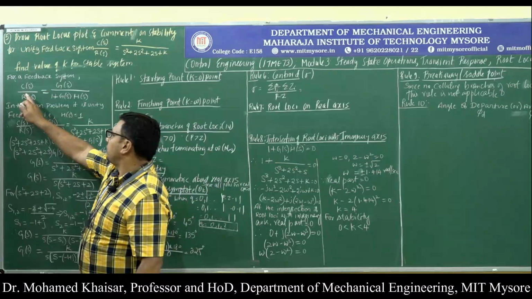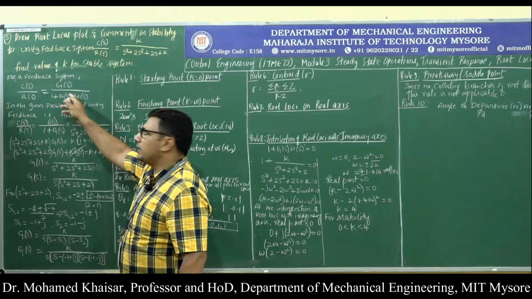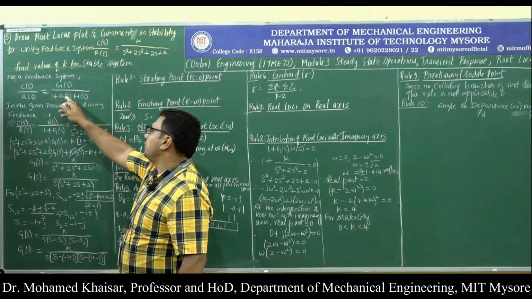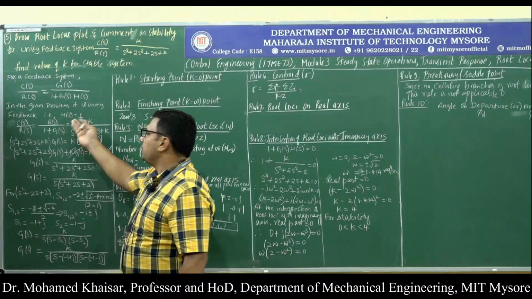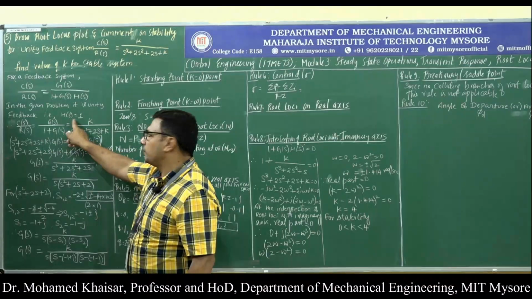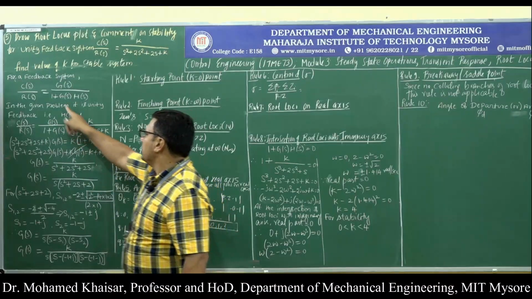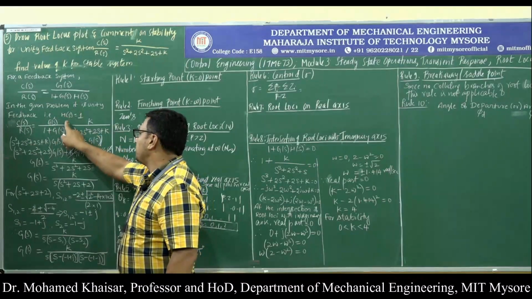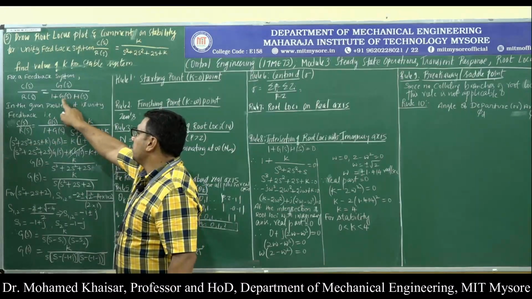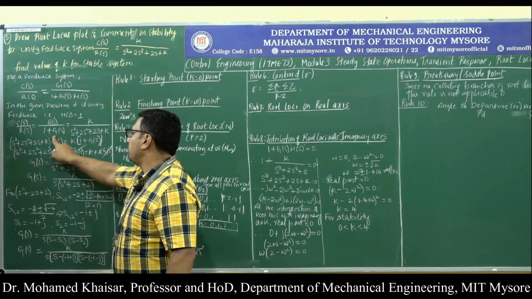See, for a feedback system, C(s)/R(s) is equal to, what is the formula? It is G(s) by 1 plus G(s)H(s). Now in the given problem, it is a unity feedback system, that means H(s) will be equal to 1. Therefore C(s)/R(s) is equal to G(s) by 1 plus G(s), because H(s) will be 1. So this becomes G(s) divided by 1 plus G(s).